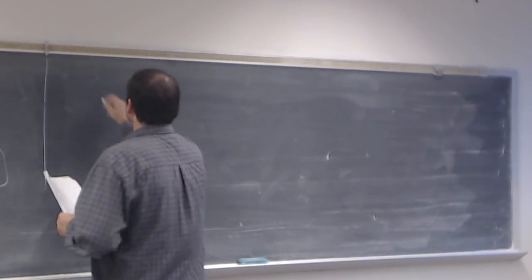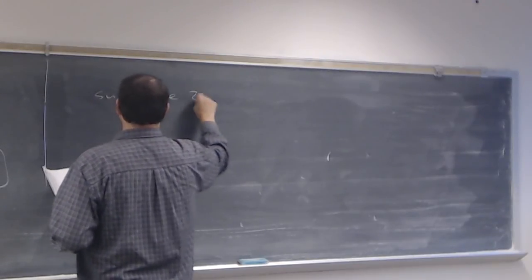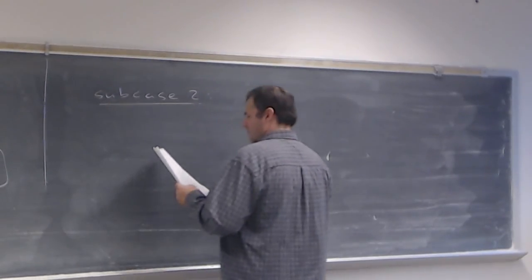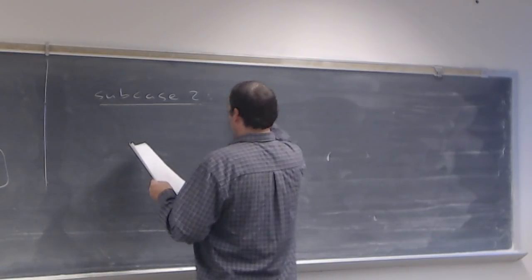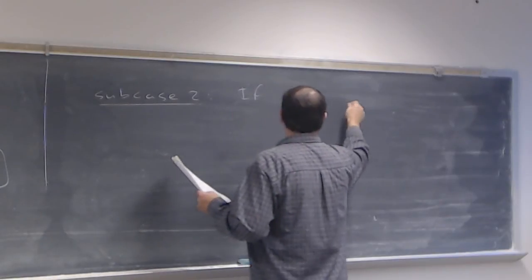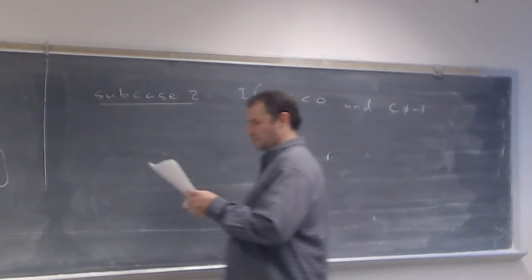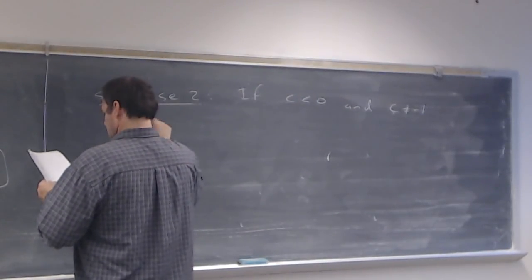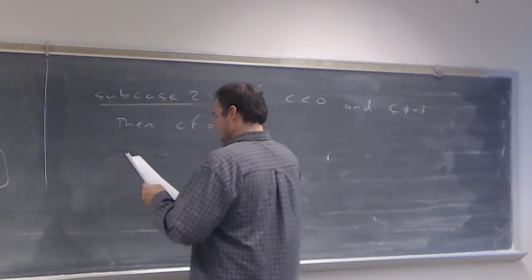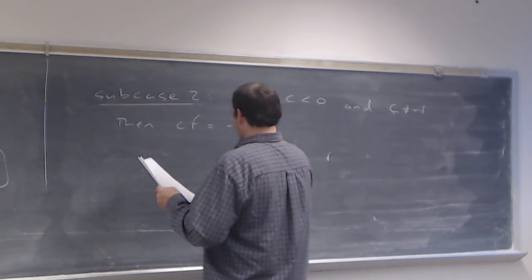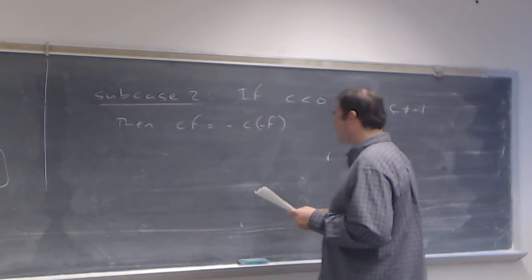subcase 2, if c is less than 0 and c is different than minus 1, then c times f is really equal to minus c times minus f. Okay.